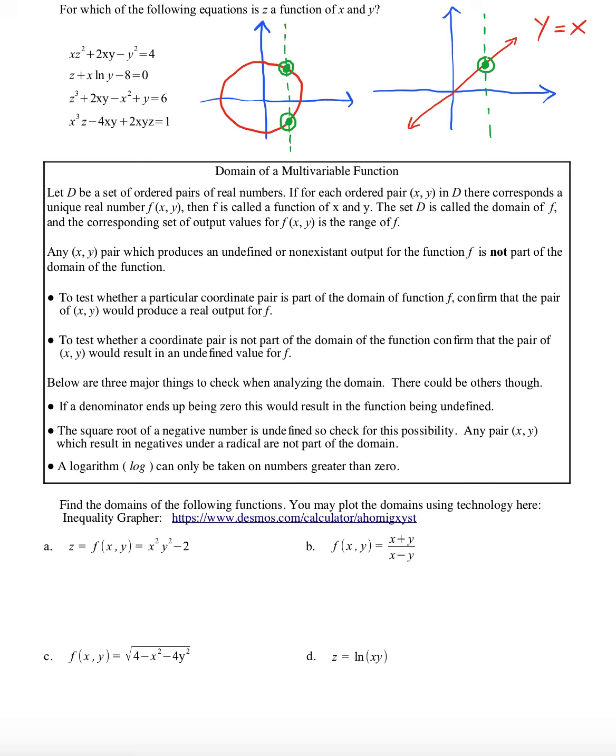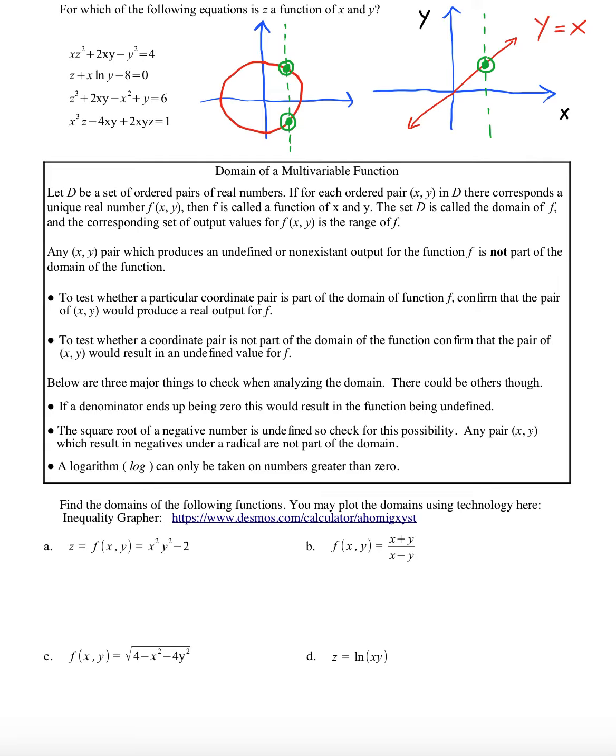But whereas single variable functions are lines and curves, multivariable functions are going to be shown as surfaces. When we have a single variable function, it's plotted on a two-dimensional axis as a line or a curve. But now we're going to plot multivariable functions on a three-dimensional axis, and they will be drawn as surfaces.